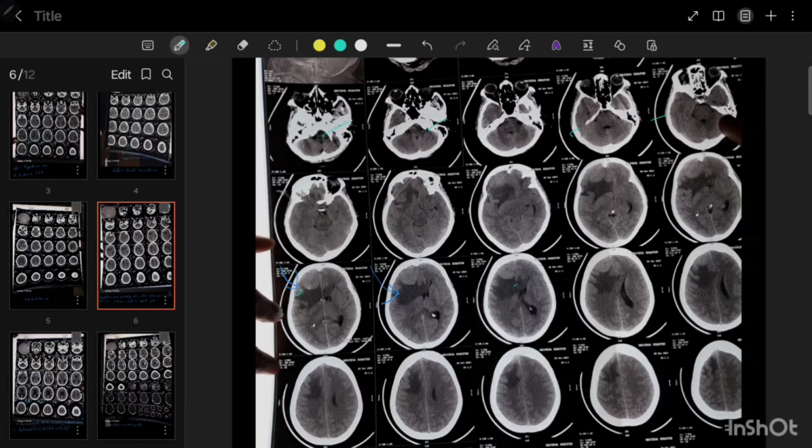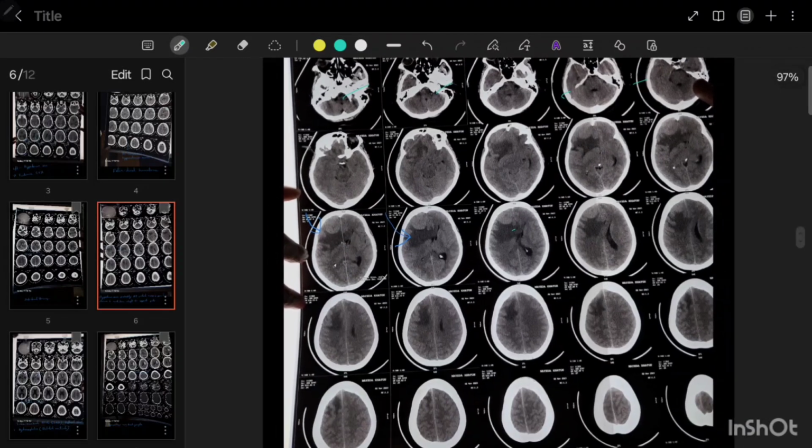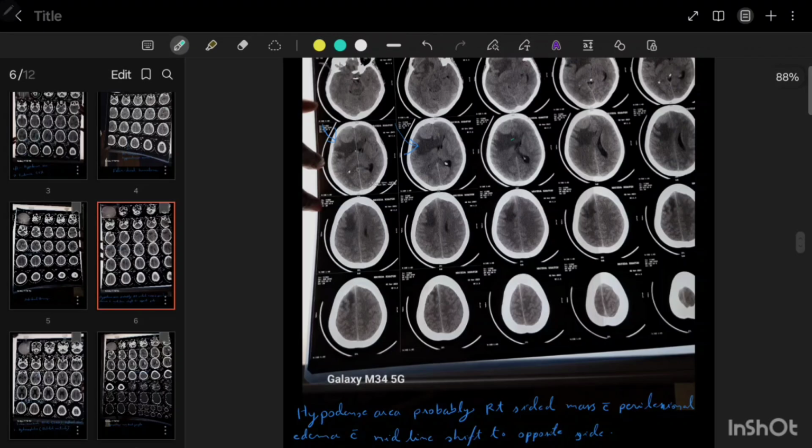This is a star shape. It is probably a mass with perilesional edema, and you can see the shifting of the midline towards the opposite side. So what you have to tell: it is a hypodense area on the right side, probably a right-sided mass with perilesional edema, with midline shift towards the opposite side.